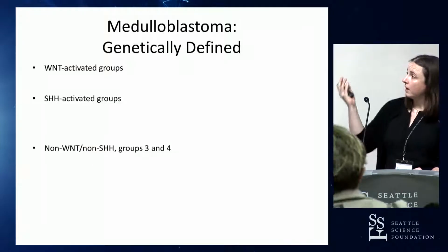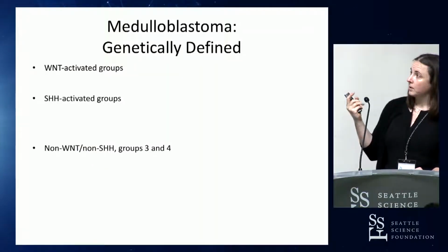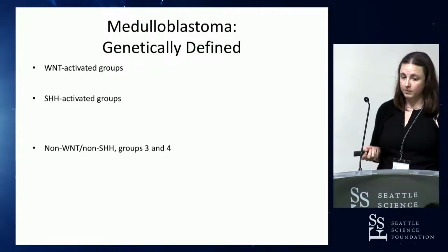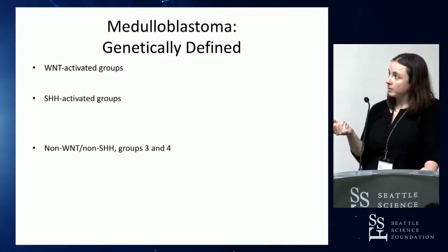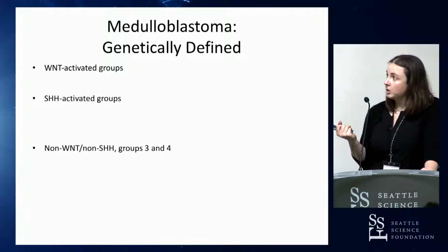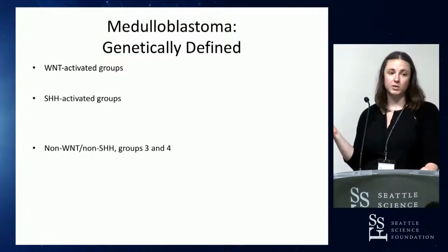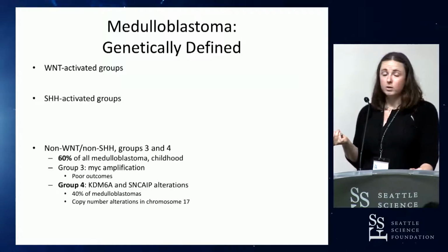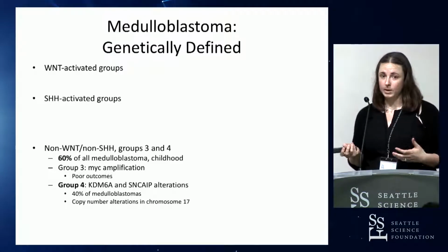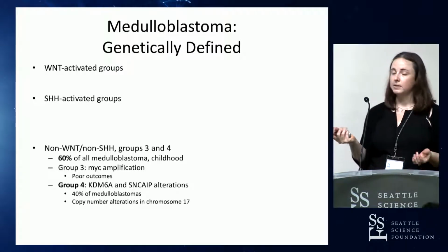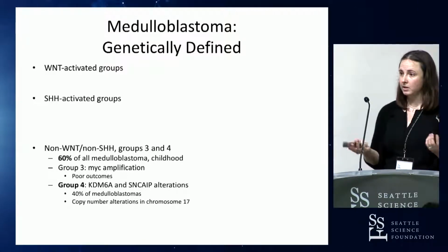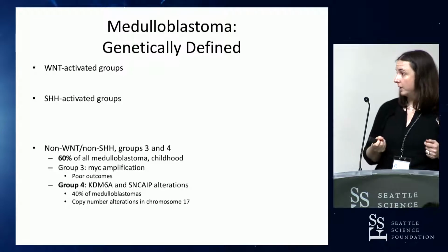And so there are several categories that have been teased out of all of the information that's been gathered. So we have our WNT activated groups, SHH activated groups, and then we have groups 3 and 4 that fall into neither of those. Groups 3 and 4 are actually the more common medulloblastomas, accounting for roughly 60% of all medulloblastomas that are seen at the time of histologic diagnosis.